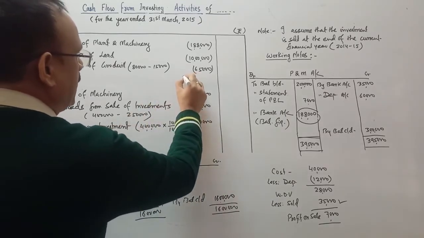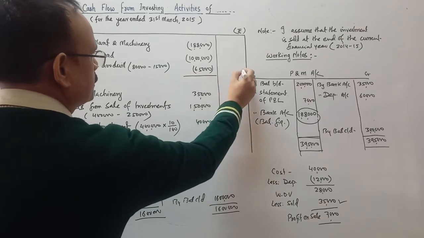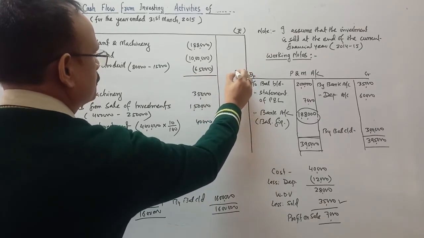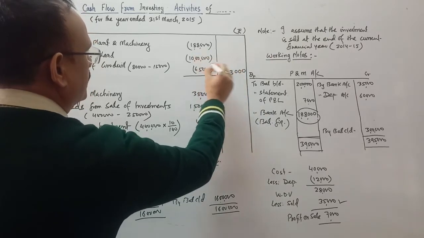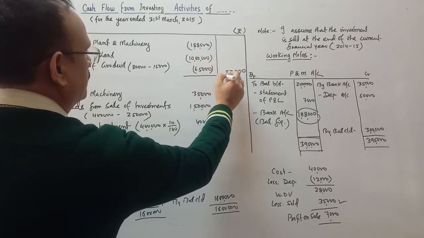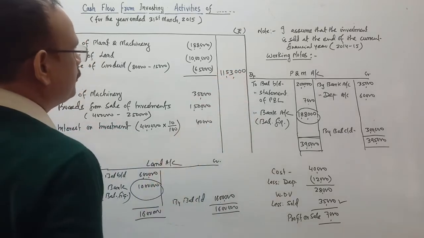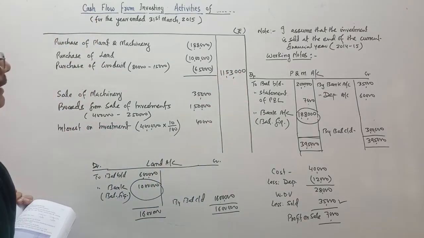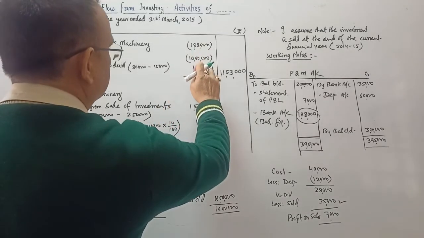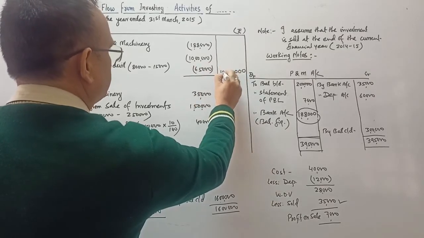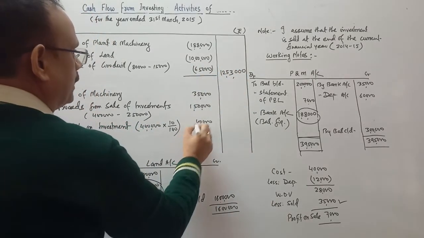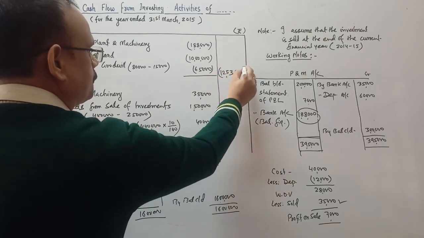Now you add it, this one, this is a minus figure, outflow, 12 lakh 53,000. Okay, this is your minus figure, outflow.